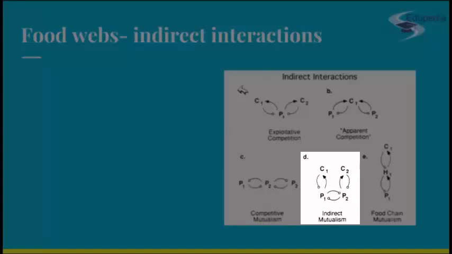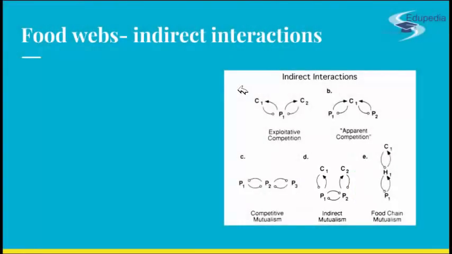Populations C1 and C2 do not interact directly and consume different prey species, but they interact indirectly because their prey compete. If consumer C2 increases, its prey P2 will decrease, which in turn reduces competition with P1, providing more food for consumer C1.